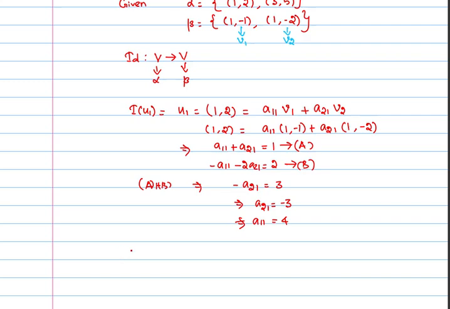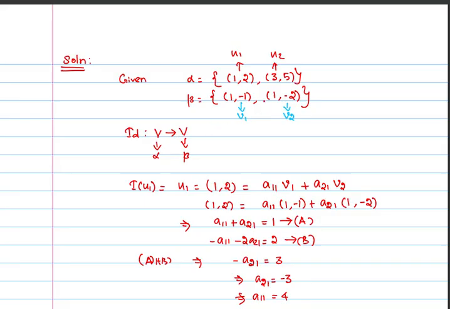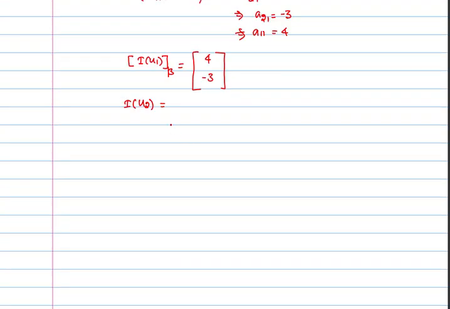So the coordinate vector of I of U1 is (4, -3). Similarly, I want to evaluate the coordinate vector of I of U2. I of U2 is (3, 5), so that is equal to U2, where U2 is (3, 5).